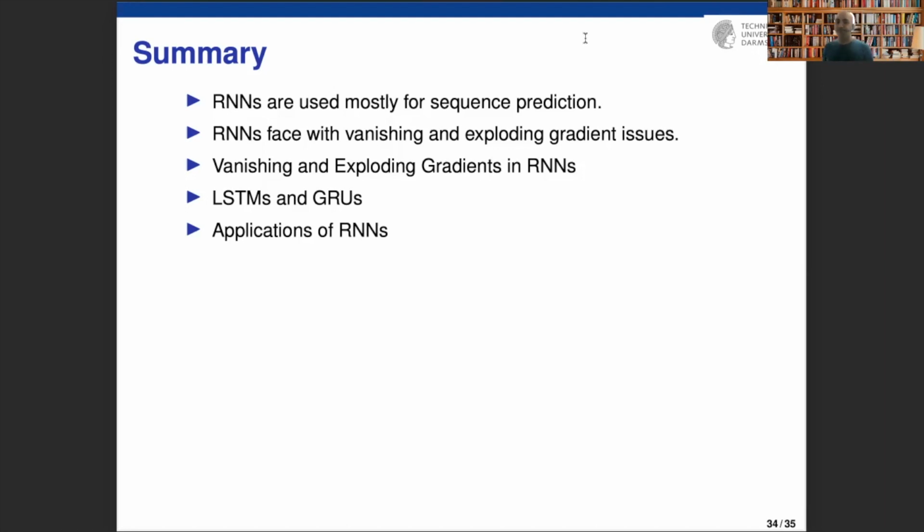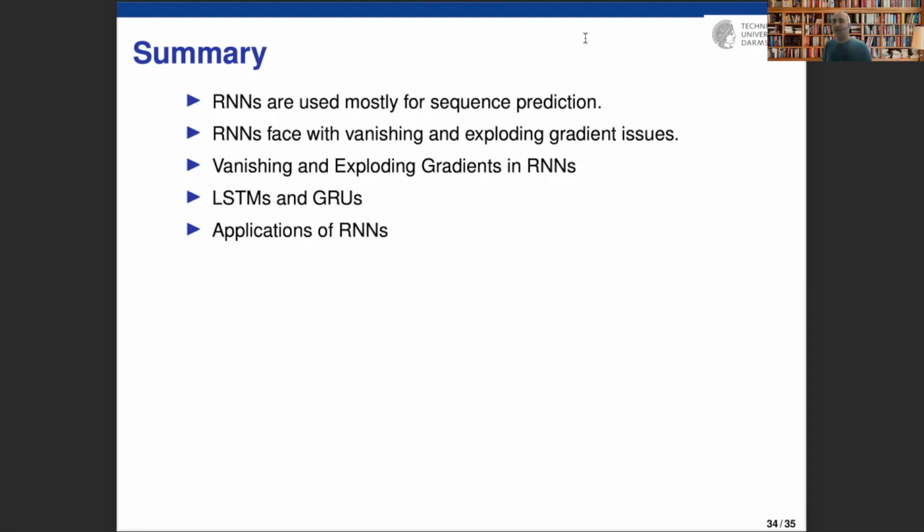The main idea behind LSTM is that you have this memory cell over different time steps, and at each time step, the hidden state is an adaptation of this memory cell.